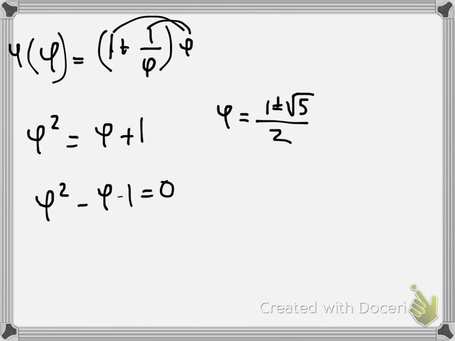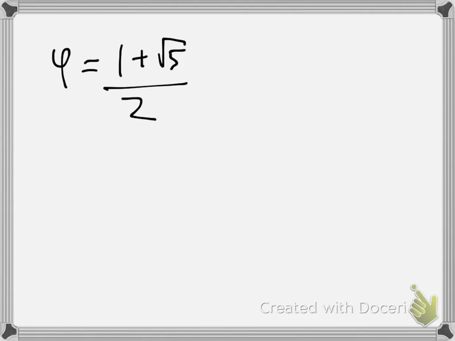So these are the values for phi, and because originally we started looking at a line segment, we're really interested in the positive value. So this gives us the golden ratio, this special number phi. Phi is 1 plus the square root of 5 all over 2.